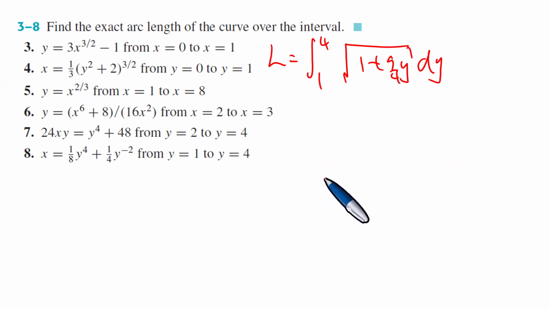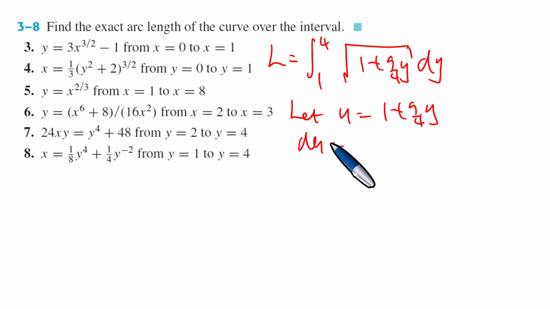All right. So what we get, we integrate this one. We need to let u be 1 plus 9 out of 4 y, which means that you have du. The derivative of this one is 9 out of 4 dy.